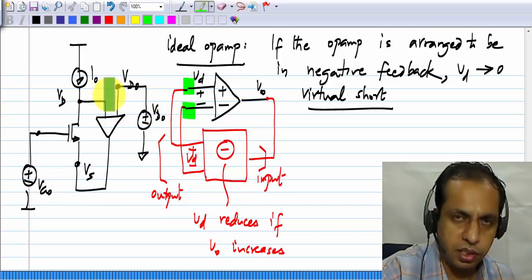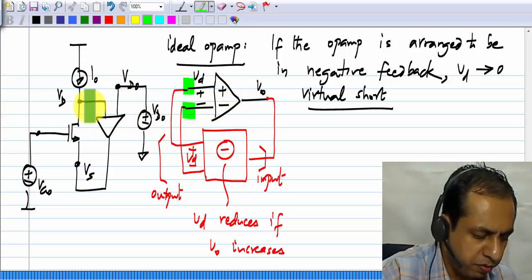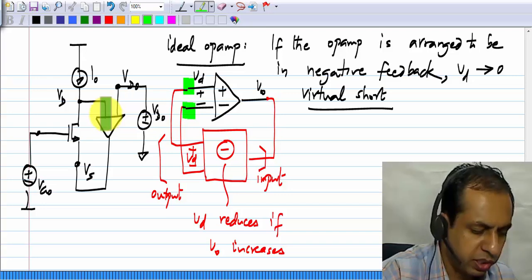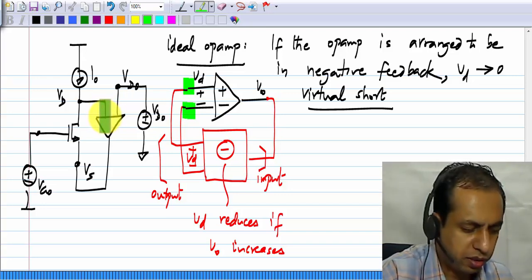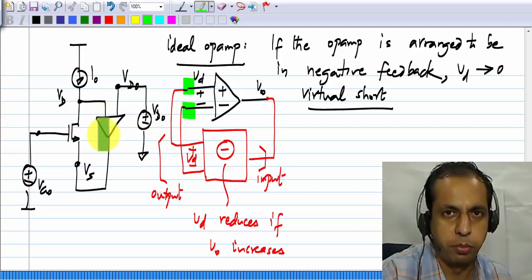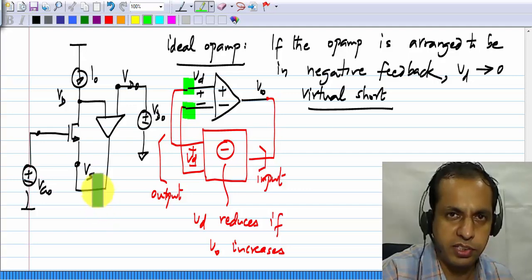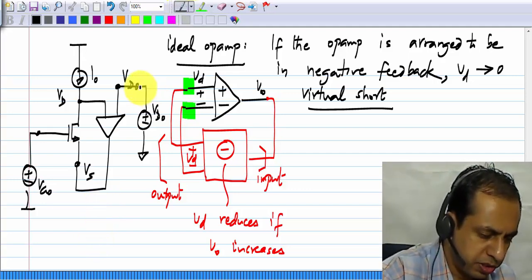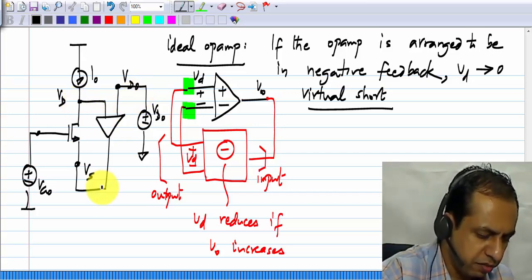Now, how should the circuit be configured? Obviously, first of all, we already know that the incremental gain from the drain to the source must be negative. So this appears to be the negative terminal. Okay, so that's what it should be. The terminal on the left side is the negative terminal. You can also examine it from the viewpoint of the op amp and you will reach exactly the same conclusion. Okay. So what must happen is that if Vd increases, Vs must reduce.